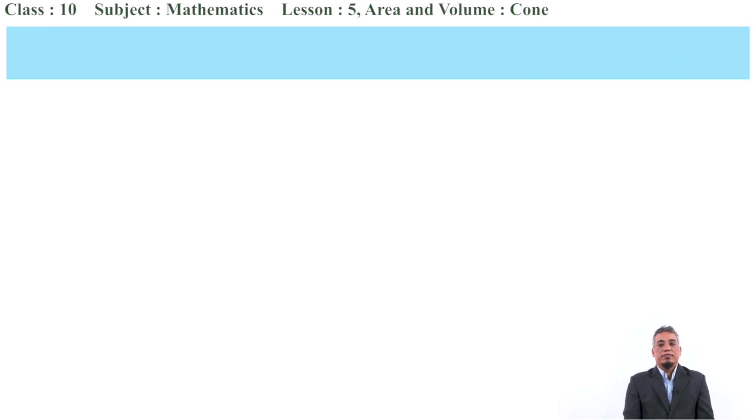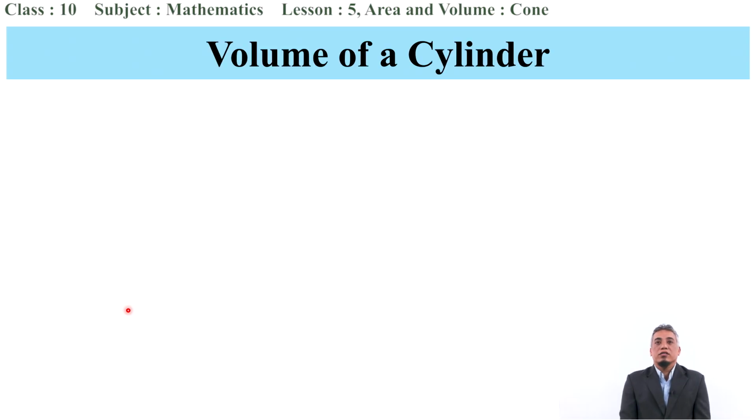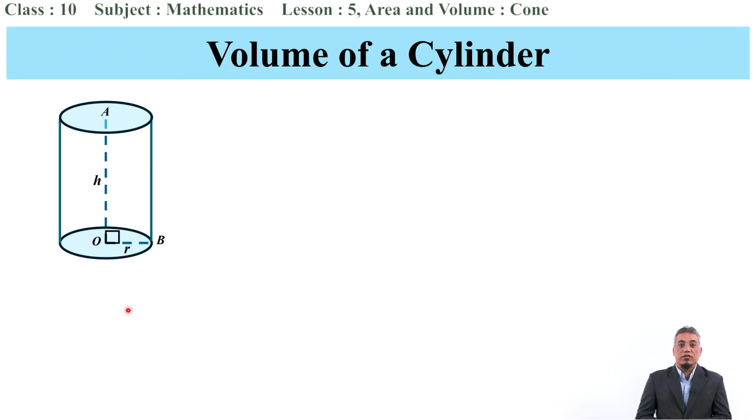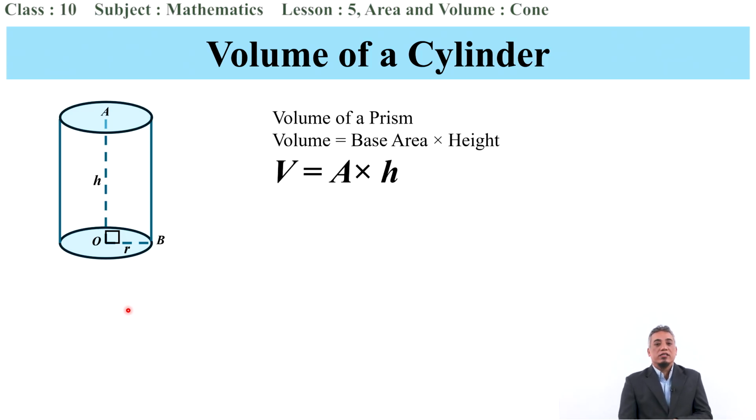Okay. Now let's discuss volume of cylinder. First of all, cylinder. All of you know the cylinder is a prism, a circular prism, and its volume can be given as base area times height. So what about its base now?